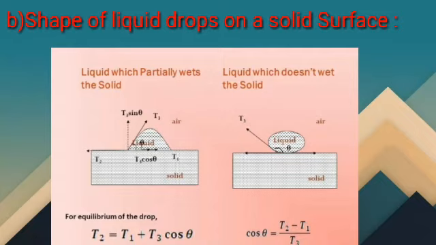As the force due to surface tension is tangential to the surface in contact, the directions of T1, T2 and T3 are shown in the figure. For equilibrium of the drop, T2 is equal to T1 plus T3 cos theta. Therefore, cos theta is equal to (T2 minus T1) divided by T3.